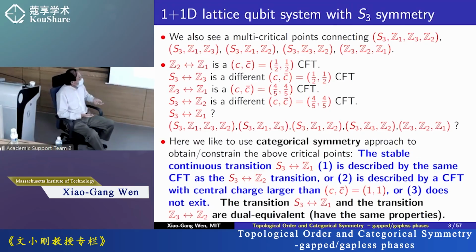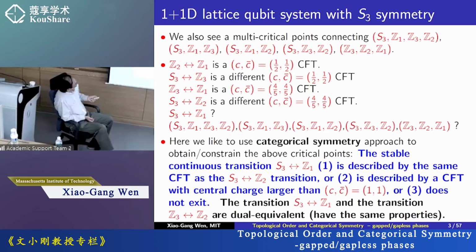This is normal because symmetry can constrain the dynamics, so if you know the symmetry, then you can constrain the CFT. However, categorical symmetry is like symmetry but more than ordinary symmetry. It's an extended version of symmetry, so it would constrain more and we get more information. Basically, that is the message I'm trying to bring here.